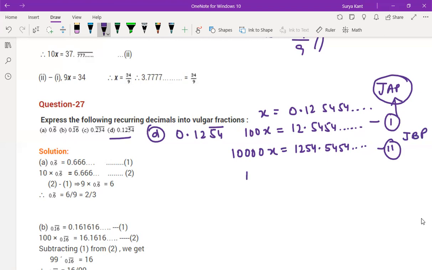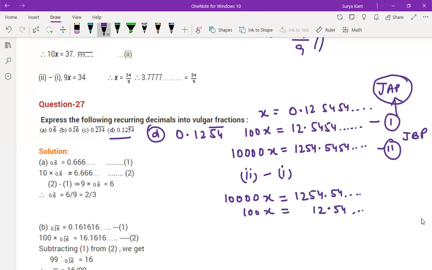Then you should subtract second minus first. Then what do you get? 10000x minus 100x is equal to 1254.54... and here 12.54... Then write minus here.